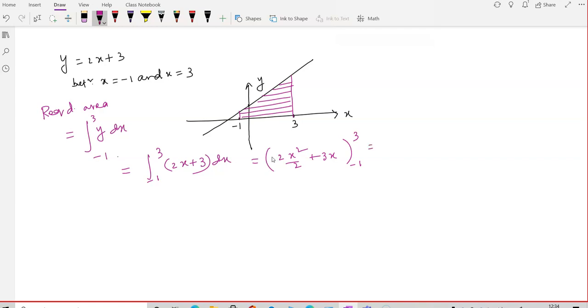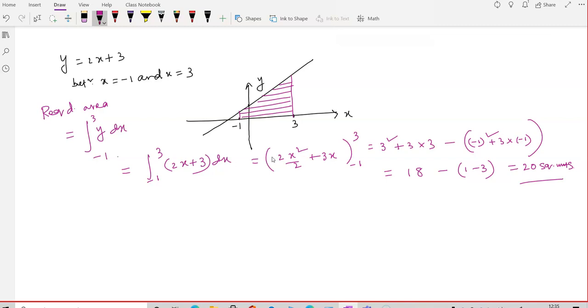So this is nothing but 3 square, 3 into 3, minus 1 square, 3 into minus 1. This is a very ordinary calculation. All of you can do it. 8 minus 1 minus 3. This is equal to 20 square units.